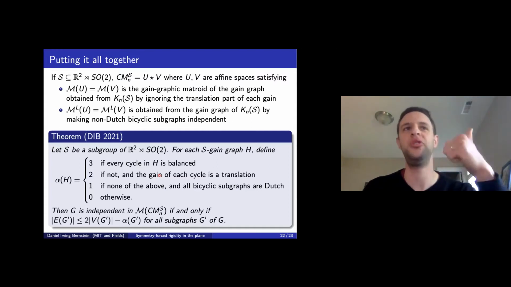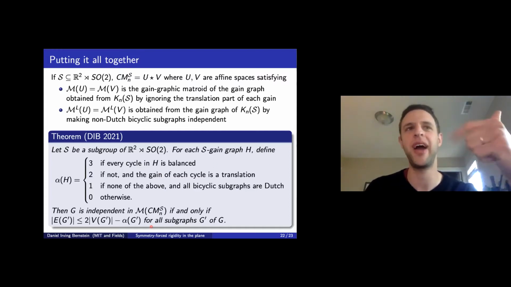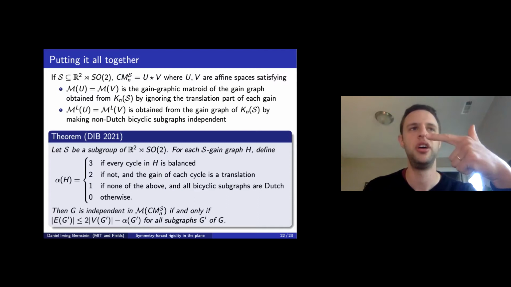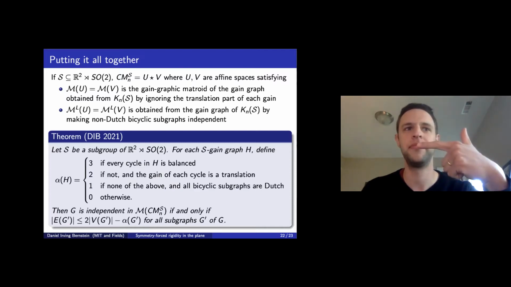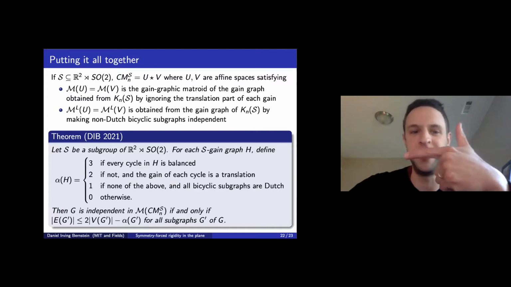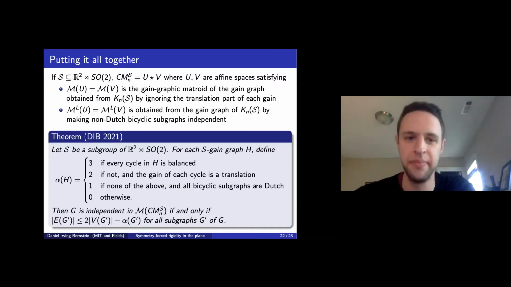These are going to include the Dutch bicyclic subgraphs, and it's also going to include balanced subgraphs that remain balanced when I add the translation part back.